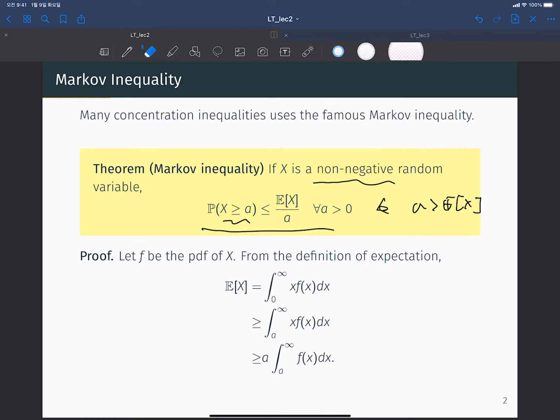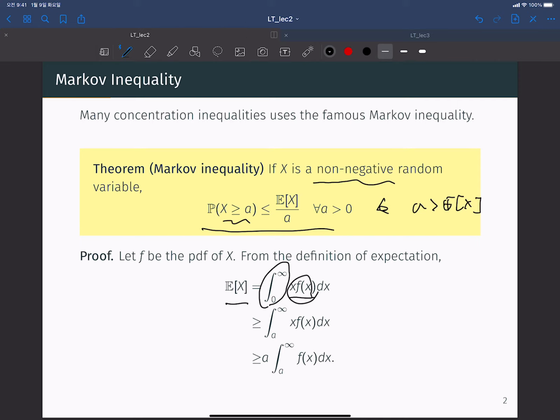Okay, so how do we show the Markov inequality? It's very simple. From the definition of expectation, the expectation of x is equal to the integral from 0 to infinity of x times the PDF times dx. Since x is a non-negative random variable, the domain is from 0 to infinity, and all these values are non-negative as well.